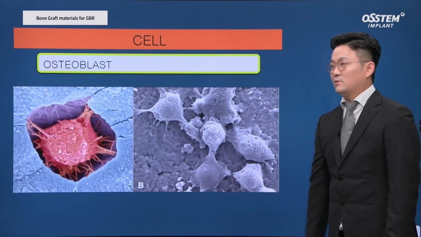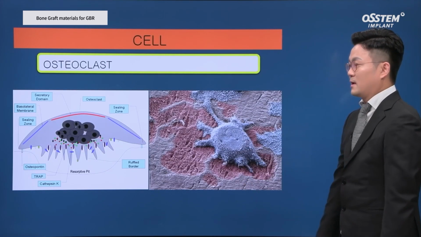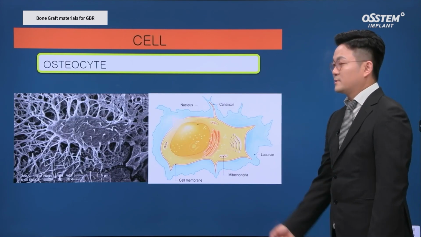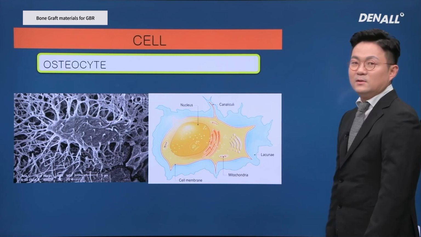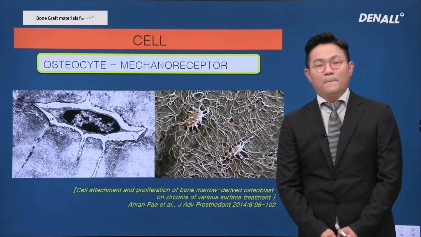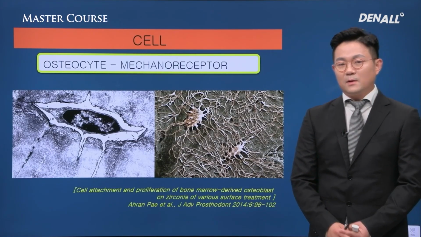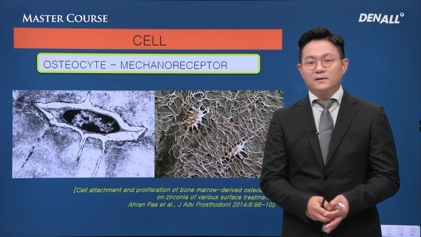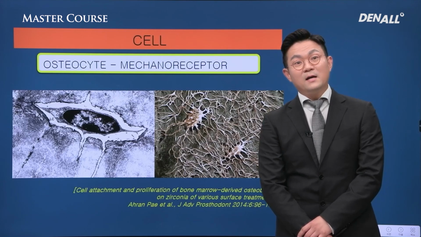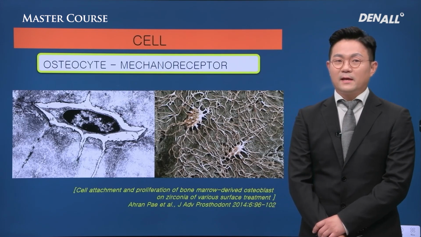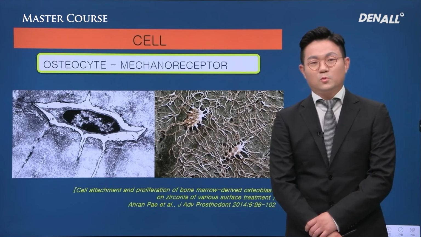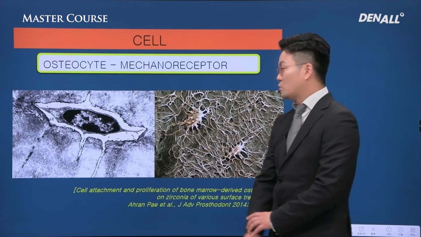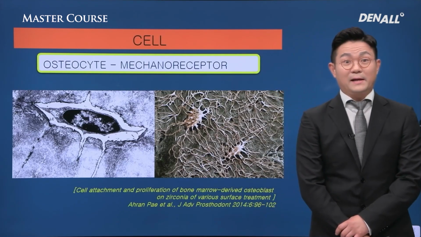Cells: osteoblasts, osteoclasts, and osteocytes. Actually, a long time ago they said osteocytes were trapped in the canaliculi and did not have any particular functions, but a lot of studies have been conducted recently and they reveal the roles of osteocytes.